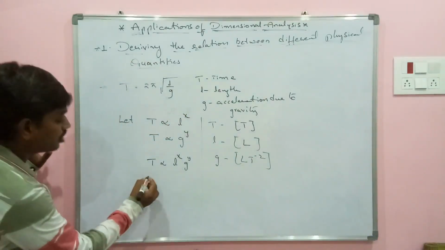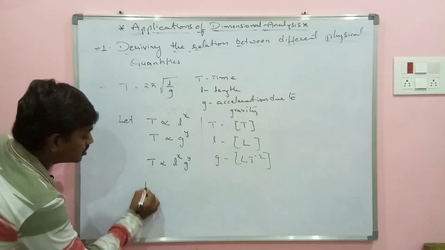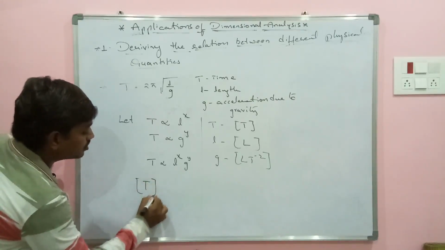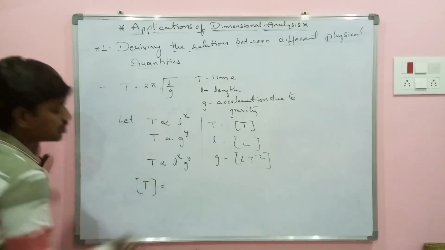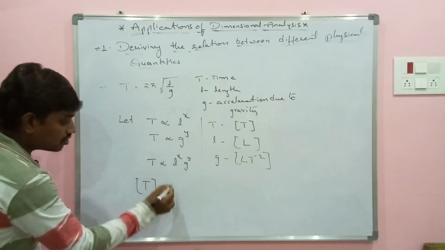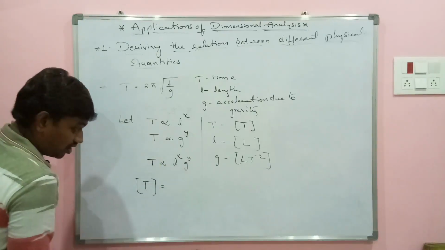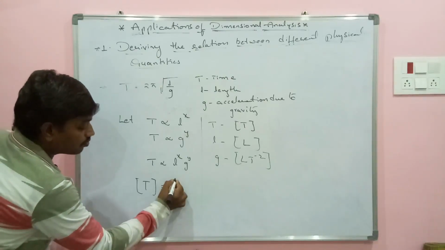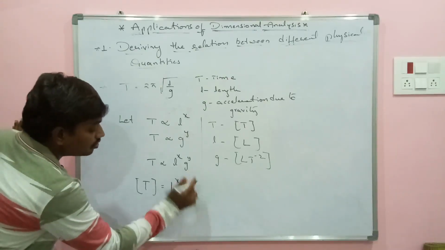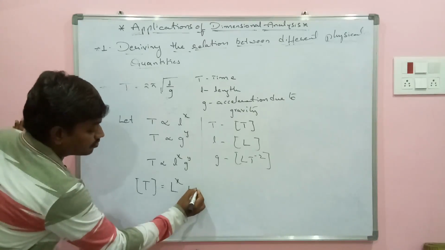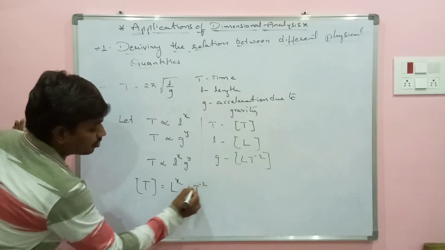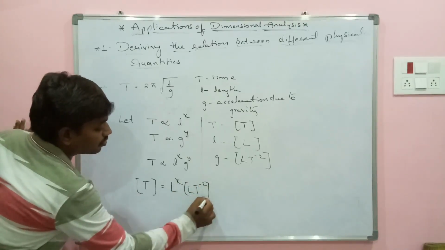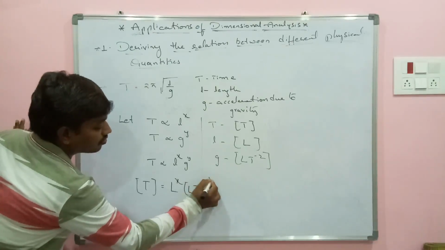So I will be getting, on this side capital T in square brackets is equals to some constant. Constant doesn't have any dimensional formula, so I can use L to the power of x, L T to the power of minus 2 whole to the power of y.